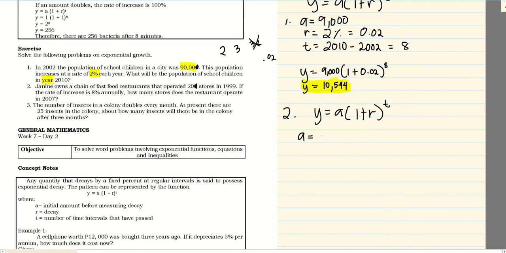Our a is 20, the number of stores, and our rate is always a percentage. 8% is equal to 0.08, and our time is 2007 minus 1999, which is equal to 8.